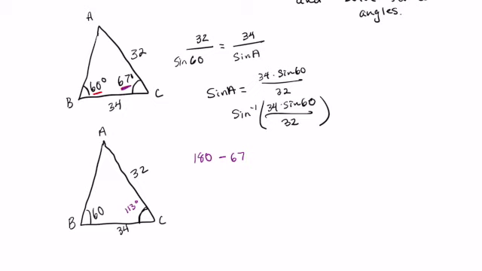And so now I can solve for all the other angles by simply taking 180 minus 60 minus 113. Angle A here gives me 7 degrees. And then up here, we do 180 minus 60 minus 67, which gives us 53 degrees.